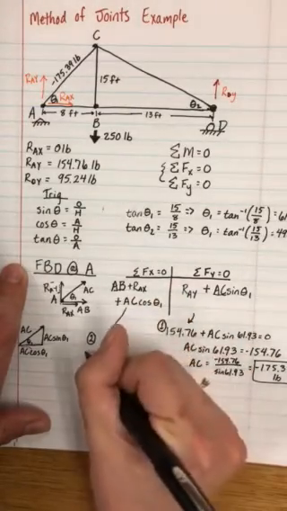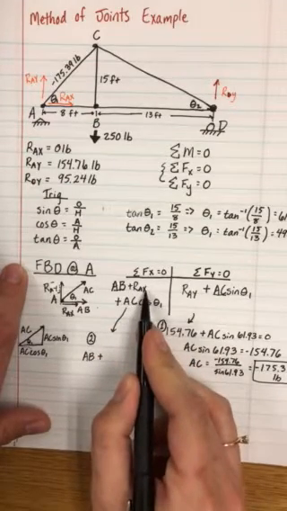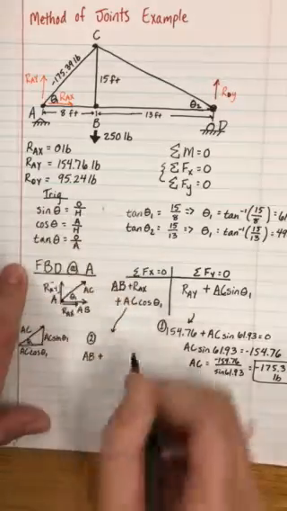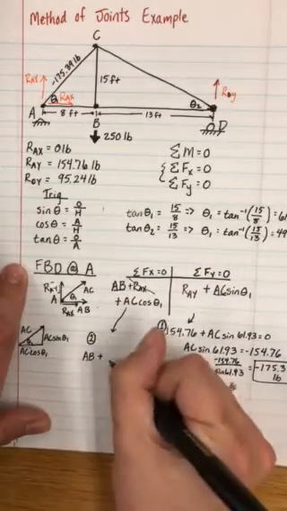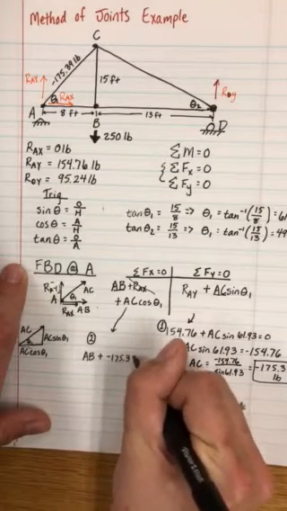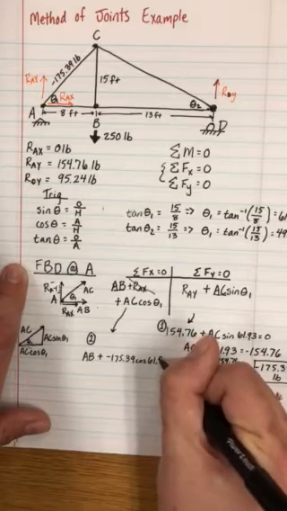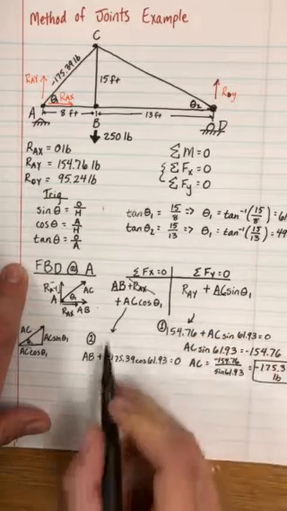we're going to write AB plus the reaction force of A in the x direction. And we know that that's equal to 0, so I'm going to get rid of it. And then plus AC, so it's negative 175.39 times the cosine of theta 1, which was 61.93. And I know that has to be equal to 0.